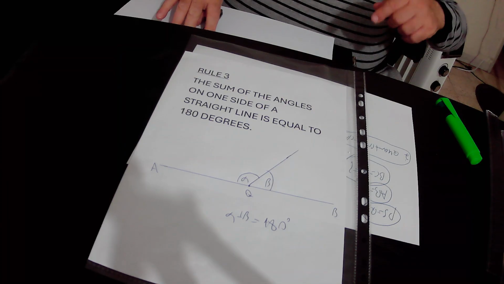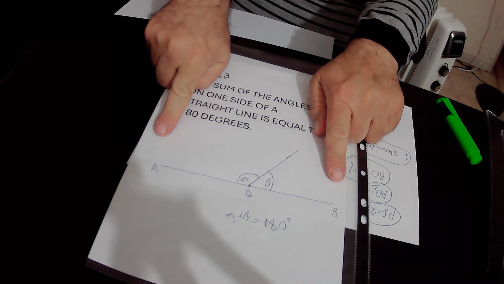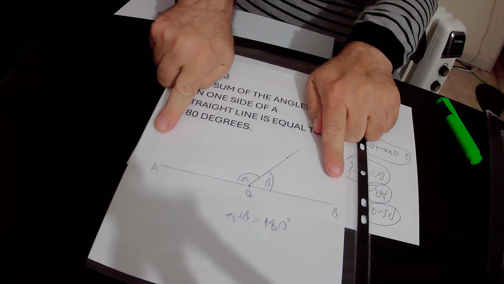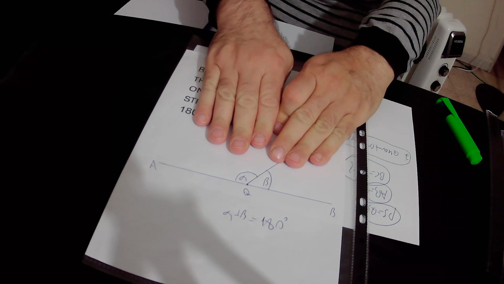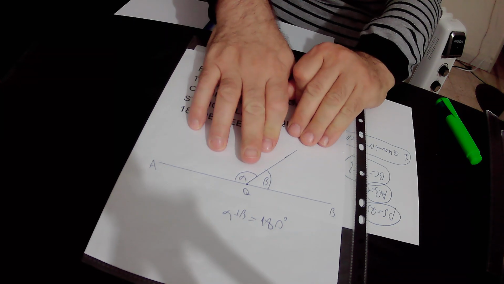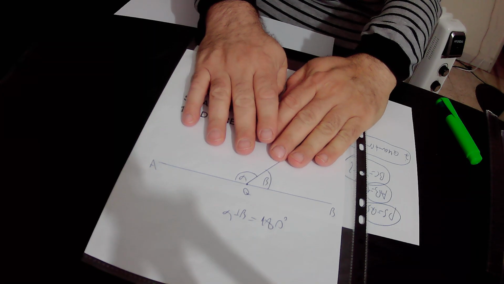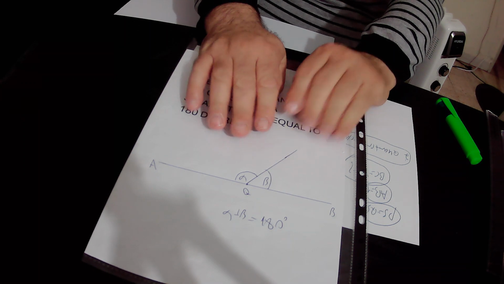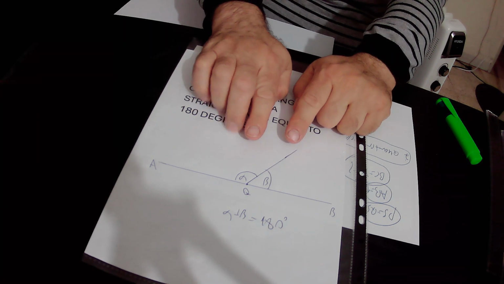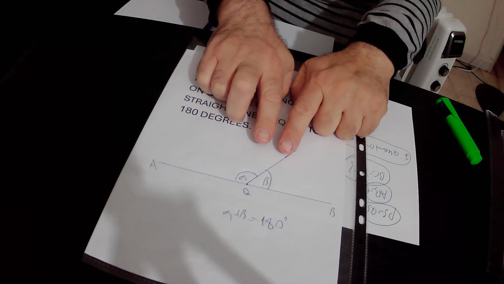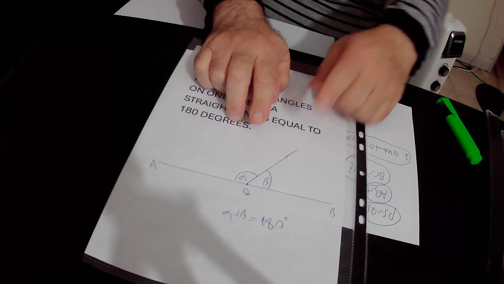So in the drawing we have the straight line AB. If we focus on the upper side of the straight line AB at point Q, here the sum of the angles must be equal to 180 degrees according to this rule number 3. So which angles do we have at the upper side of AB at point Q? We have this angle alpha and beta. So in total, alpha plus beta must be equal to 180 degrees according to this rule number 3.